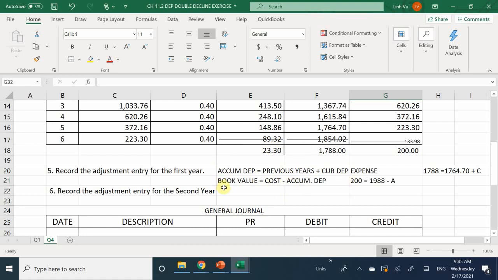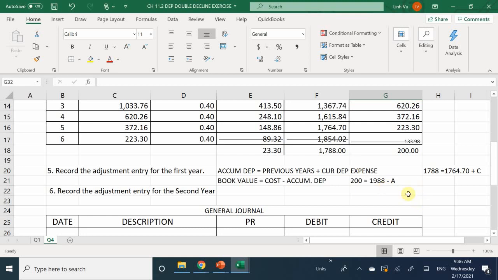So in this case, we worked backwards. We knew what book value should be. It should be 200. So the formula to solve for accumulated depreciation is your cost minus the book value, which we know the cost already. So in this case, it is 1988 minus 200, which gives you 1788.